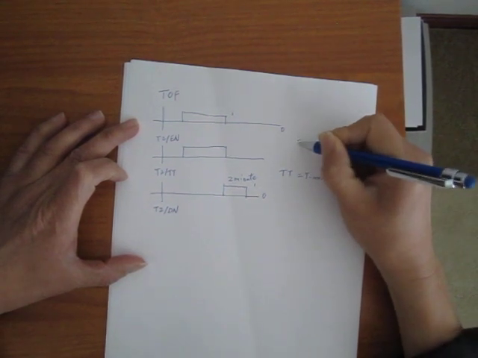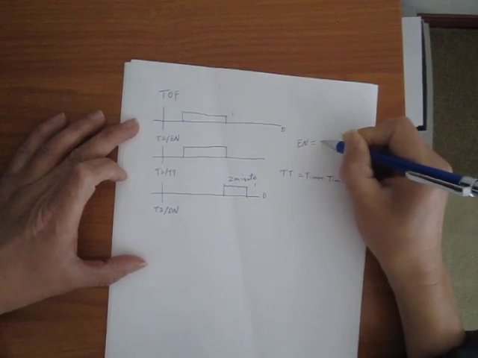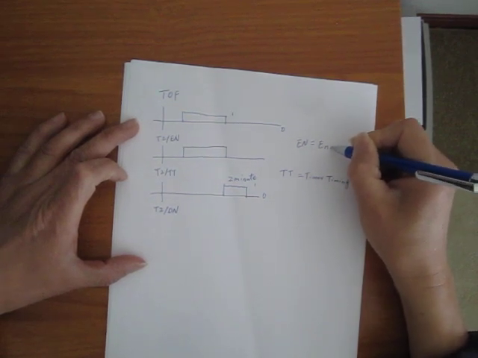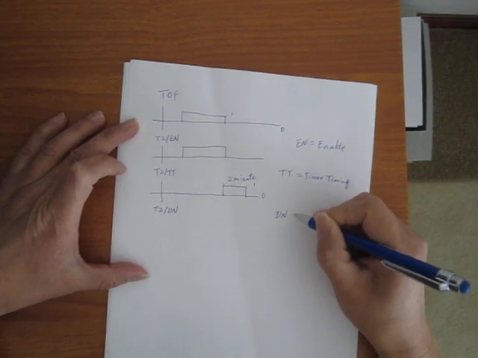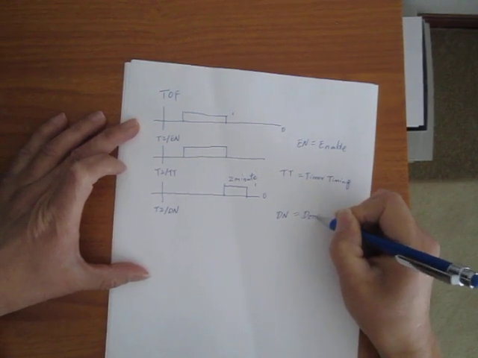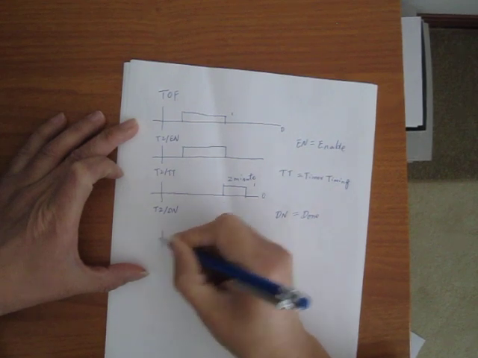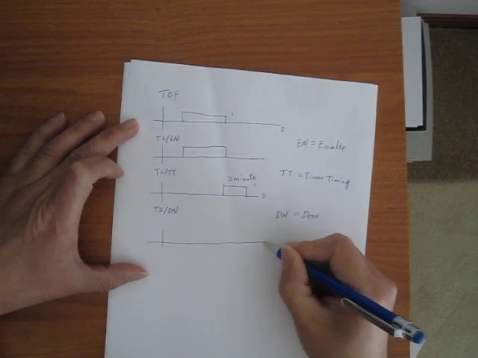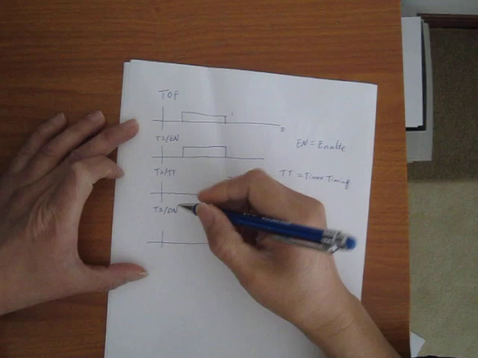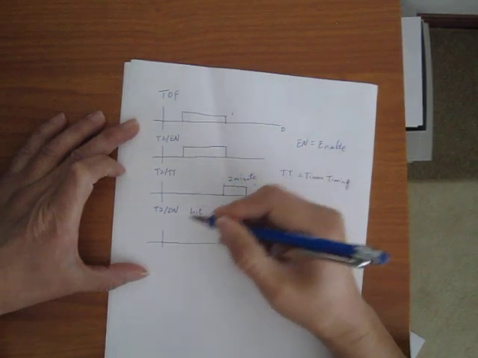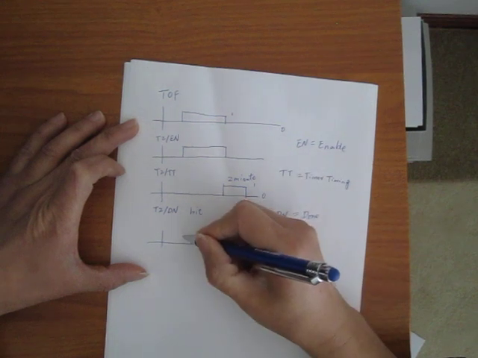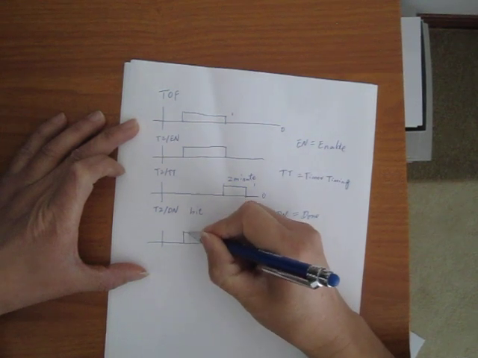We know that EN stands for enable, and DN stands for done. So anyway, very simple here. The DN bit, we call it a bit. The DN bit, actually, the truth chart is like this.